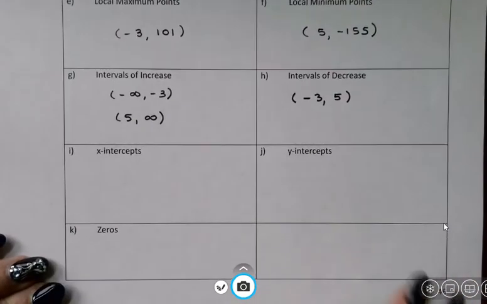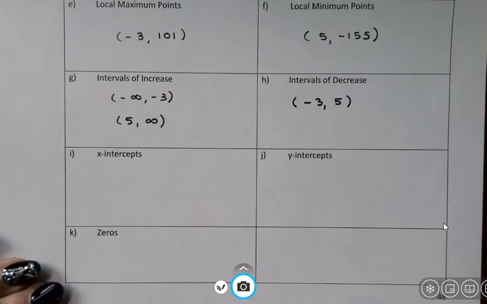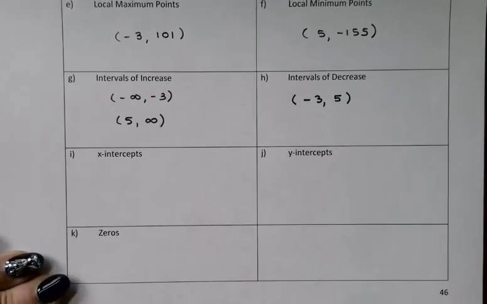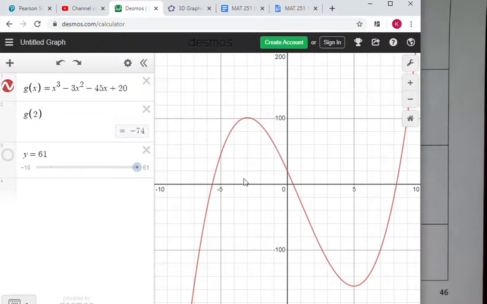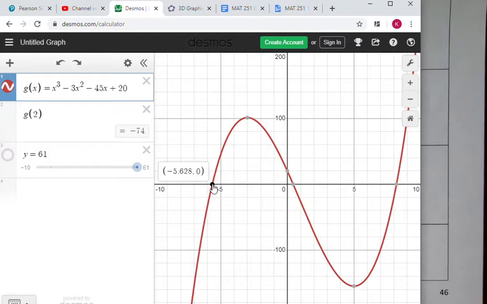All right, the last few things we're asked about are the intercepts, or zeros. And the x-intercepts, where we cross the x-axis, once again, point and click, it's as easy as that. There's an x-intercept at -5.628, 0. I'm listing these on my worksheet as I go.